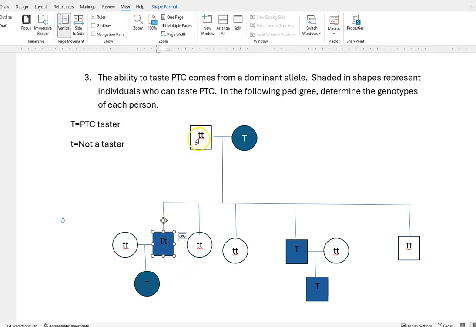Because this parent here, the father, can only pass on the recessive allele. They got their dominant allele from their mother. Now let's look at mom. Mom we know is a taster, but she has children who are non-tasters. So in order for that child to be a non-taster, mom must be carrying the recessive allele.